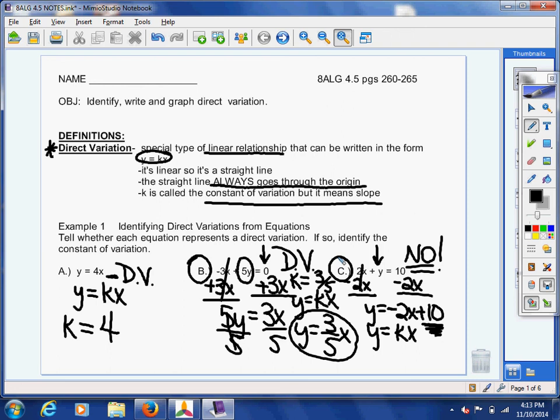If your standard form is set equal to any number other than 0, like in letter C, where it was set equal to 10, you're going to have a constant number there, and that's going to make it not a direct variation. Okay, let's stop right here for right now. The video is going to stop in just a second, and maybe practice that later in your packet.